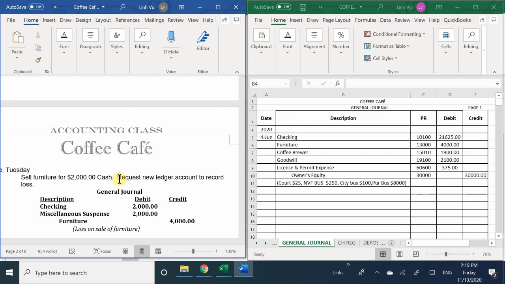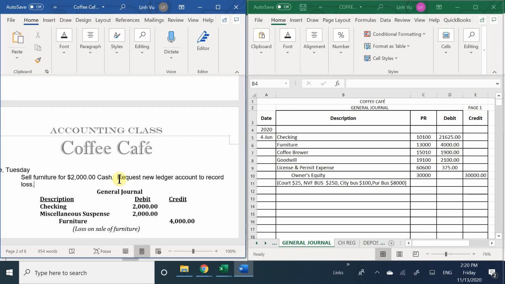This right here is a perfect example of how we apply historical cost. We cannot deduct $2,000 worth of our furniture and say we still have $2,000 left. No, we got rid of the entire furniture, and because we originally purchased it for $4,000, this is where we have to recognize our loss or our gain.